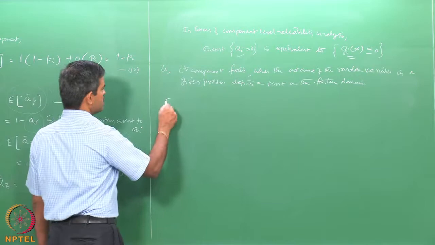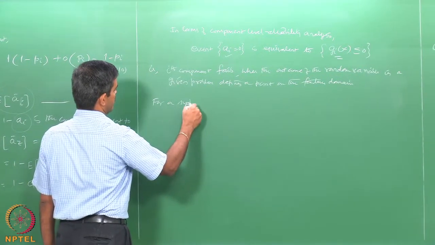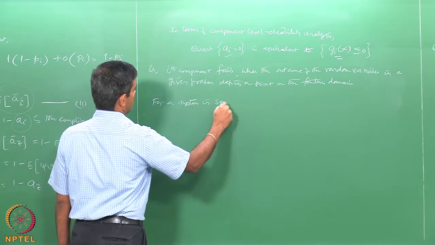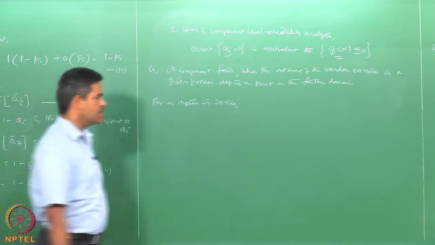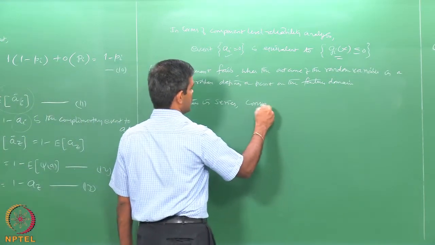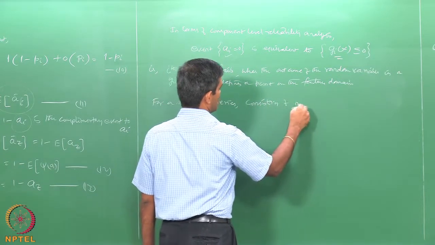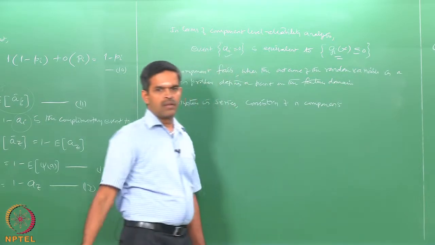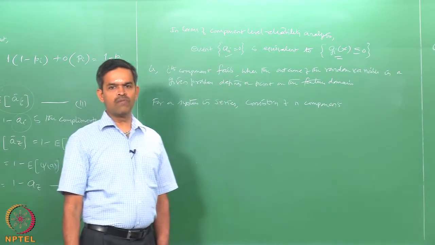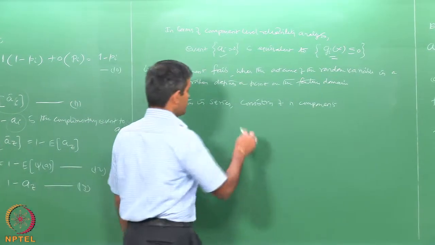Now, for a system in series, which consists of n components, the system fails if any one of these components fails, we know that.